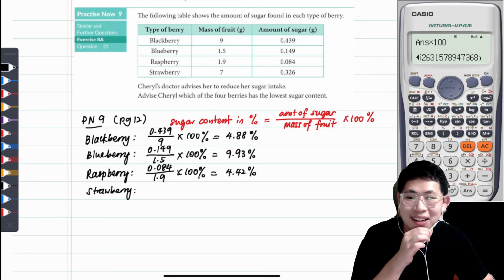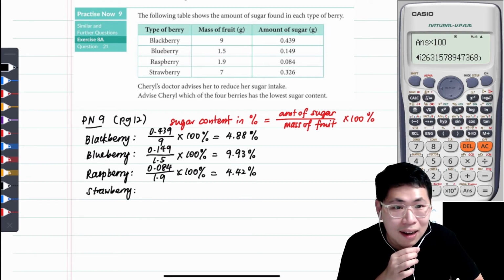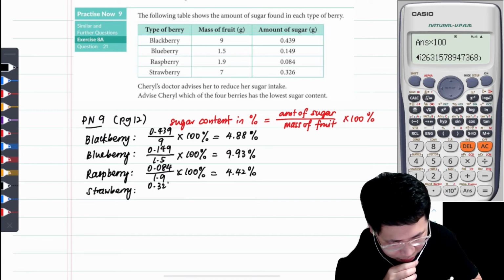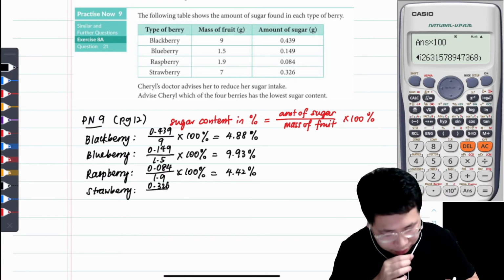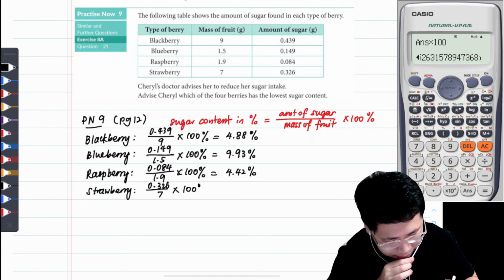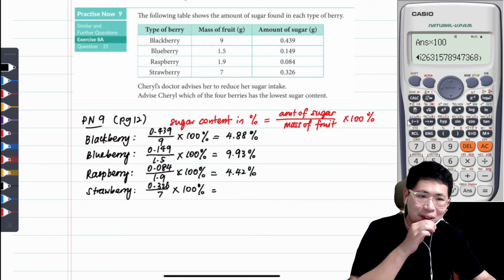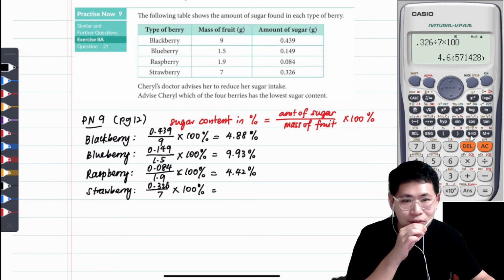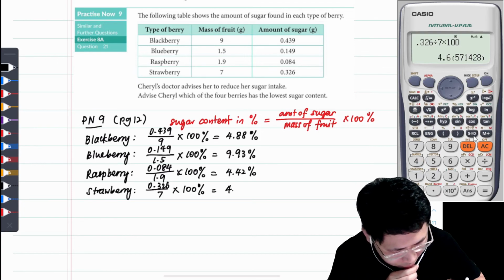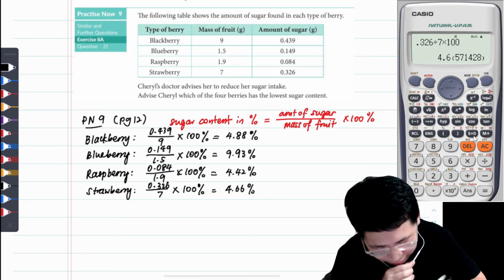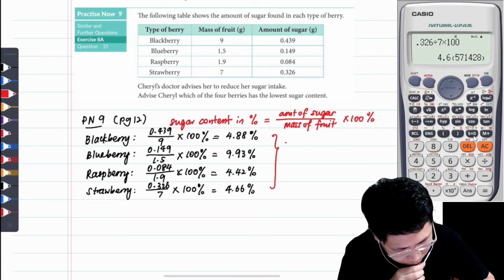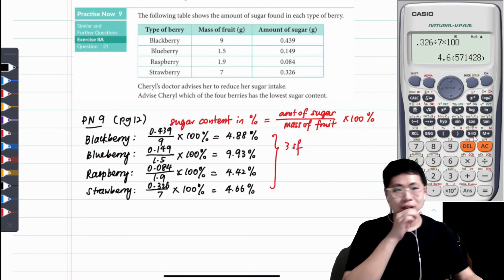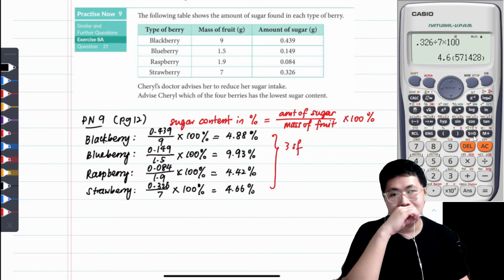Strawberry would be 0.326 over 7 times 100%. So 4.66%. What I did was to round to 3 SF, to standardize, and it's easier for us to calculate and compare.